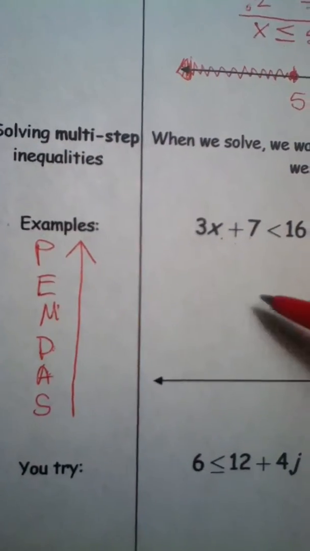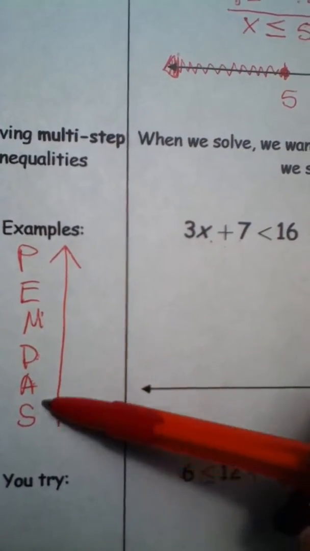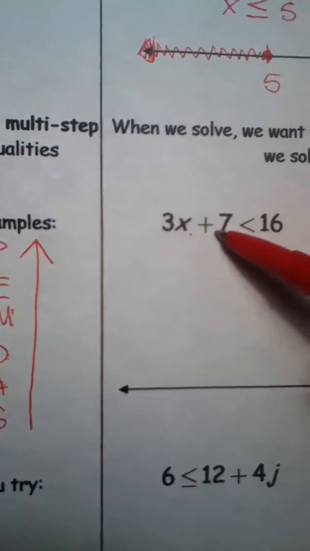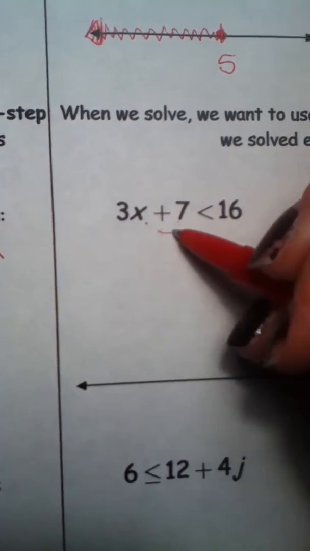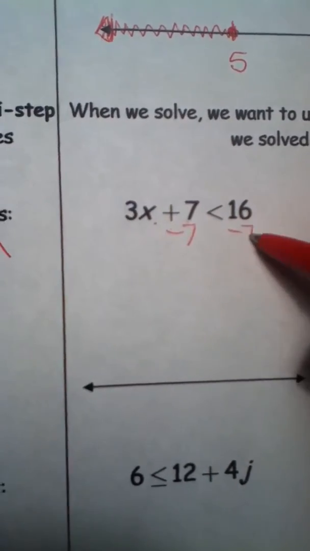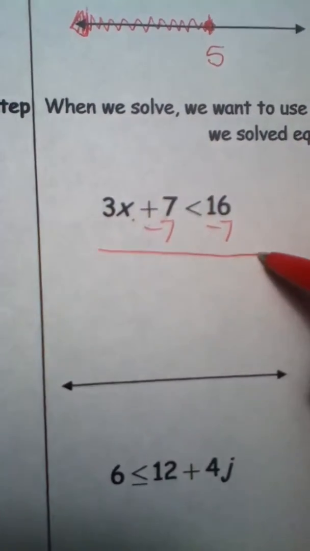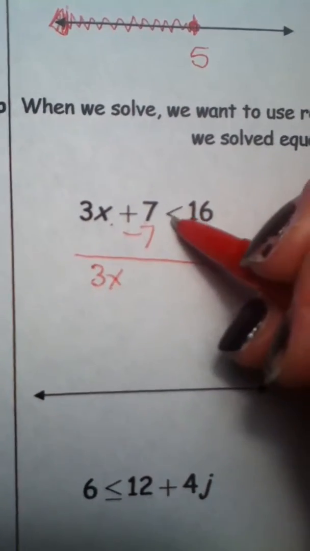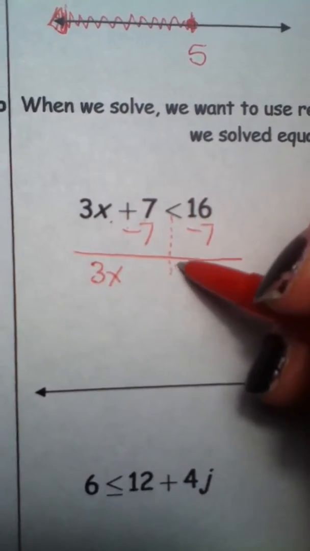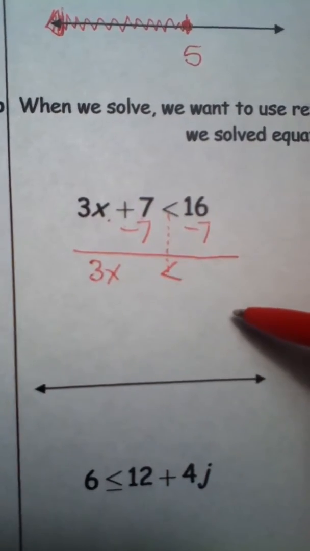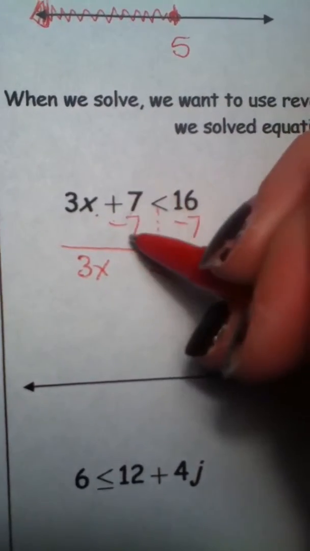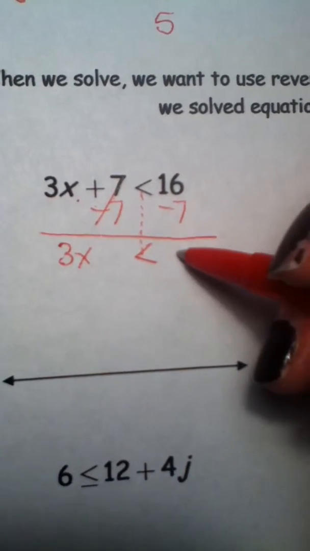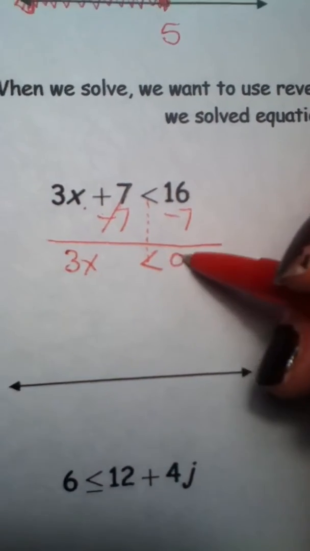Think opposite our order of operations. So, adding and subtracting. That's what we're going to do first. We're going to subtract 7 from both sides. We're left with 3x. If you want, like I've been showing you, show that dividing line. Positive 7 and negative 7 become 0. 16 minus 7 is 9.